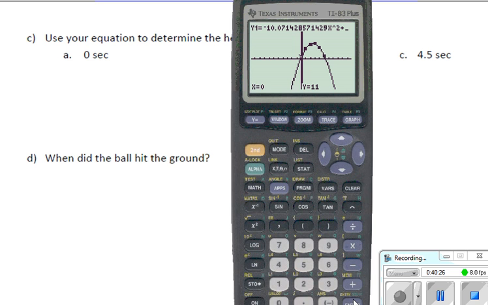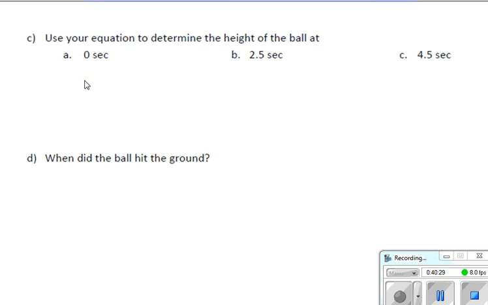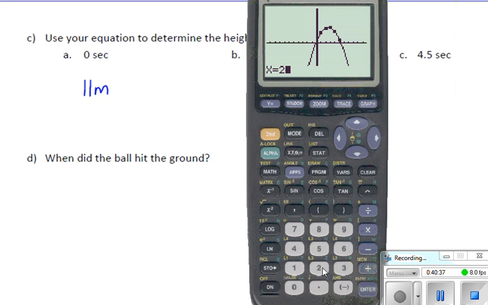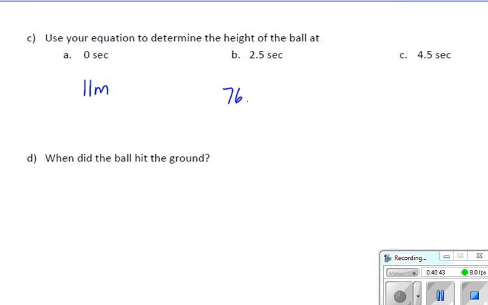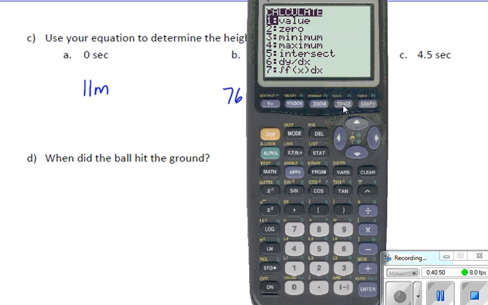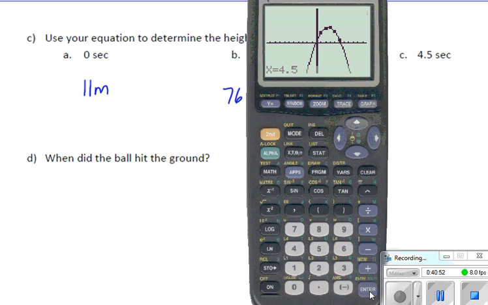So 11 meters. And you can do all three now. So second trace value, I'm going to put in x is 2.5. So 76.575. And the last one, 4.5 seconds. Second trace, 1, 4.5, enter. 38.39.